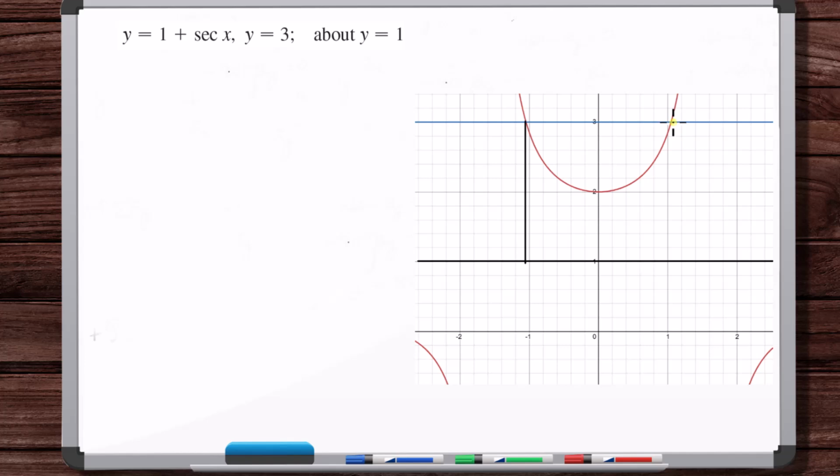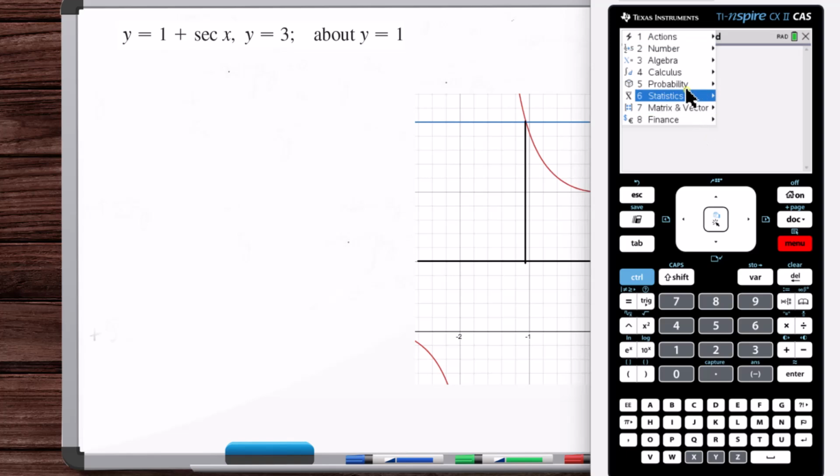So we're going from here to here, which is, what is that? We need to solve for when 1 plus secant of x is equal to 3. So when does 1 plus secant x equal 3?